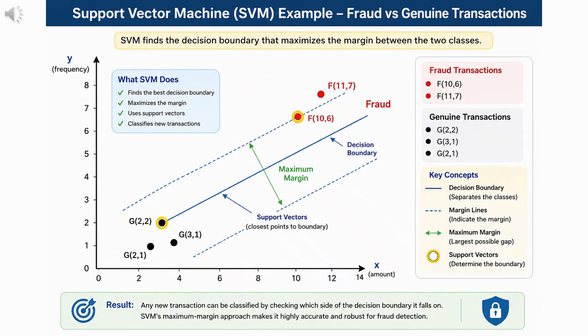As a result, any new transaction can be classified by checking which side of the decision boundary it falls on. This maximum margin approach makes SVM highly accurate and robust, especially for binary classification problems like fraud detection. SVM separates classes by finding the boundary with the maximum margin, leading to better generalization and more accurate predictions.